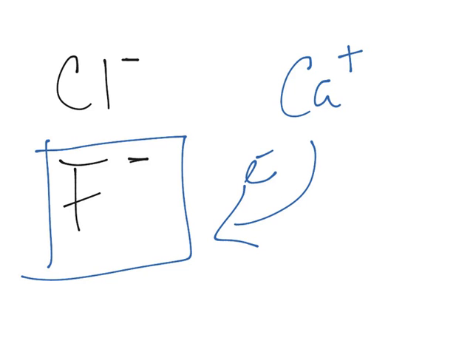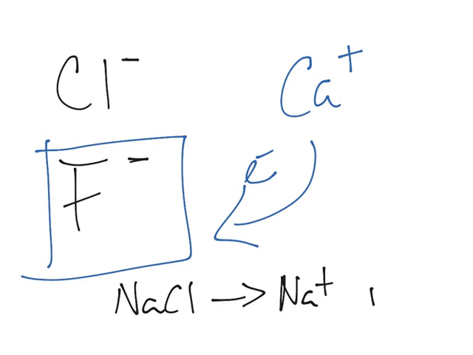You can just see that with salt. When you ionize salt, NaCl, this normal table salt, we have Na plus and Cl minus. So the sodium, which is at the left part of the periodic table, is the metal part, the part that has a very low electronegativity, and is positive. So it gave those electrons to something that has a very high electronegativity, like chlorine.